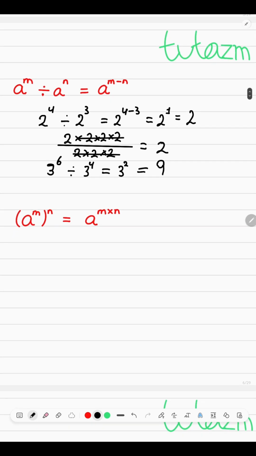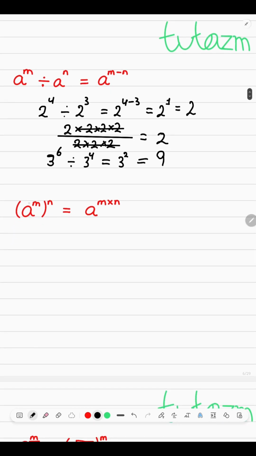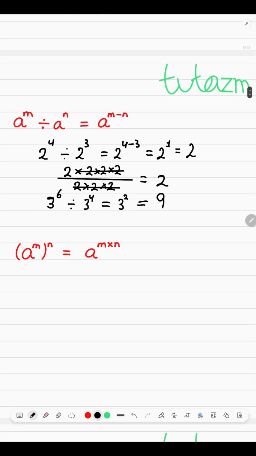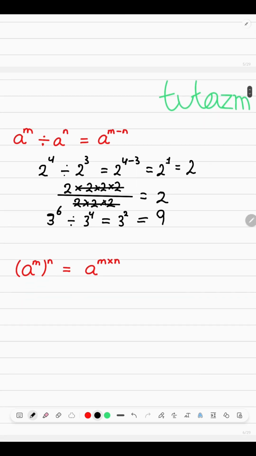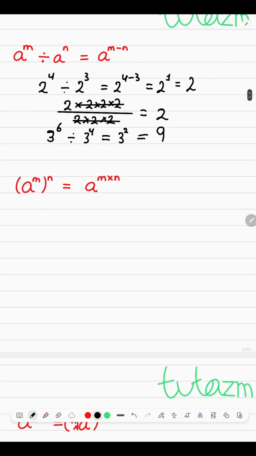Right. The next law is when you have a number that is raised to a power and the number and the power are raised to a power themselves, the resulting number is the base of that number and the product of the two indices.